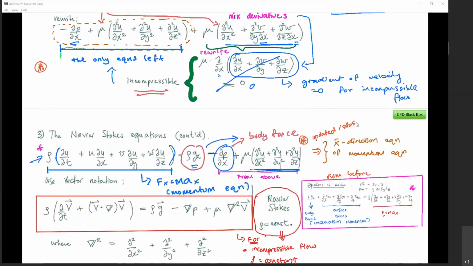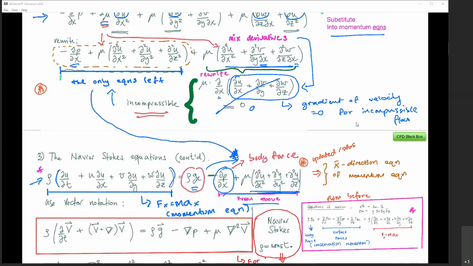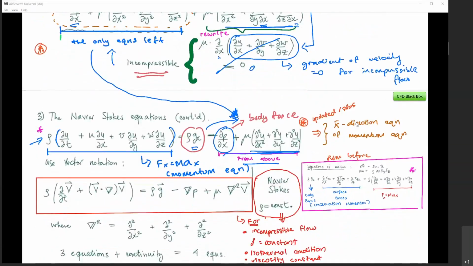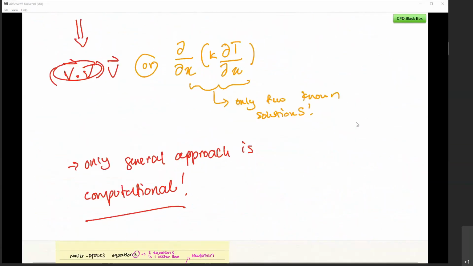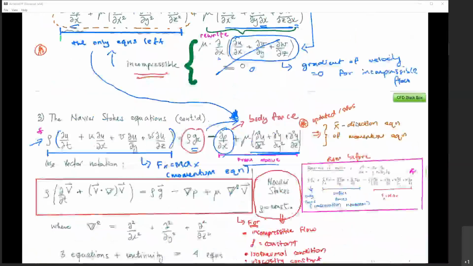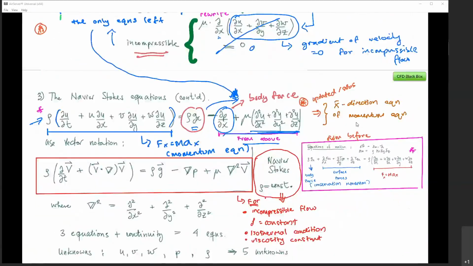It's a bit messy. So this is the term that we got from above, where the only terms left from before. So when we update this in the momentum equations, we are left with this term.